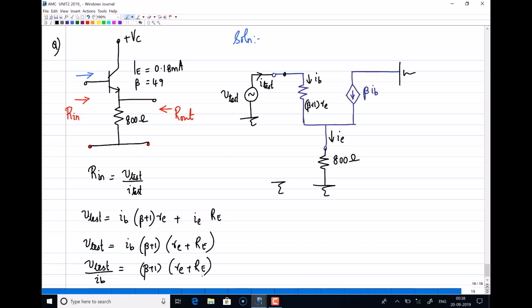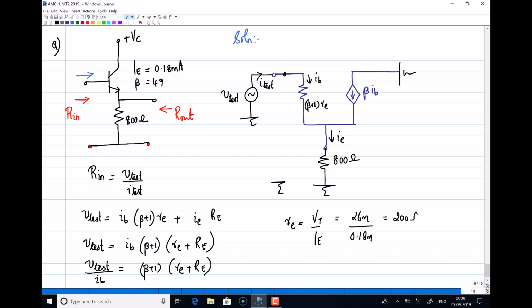Now for this particular problem, beta is given as 49. To find Re, it is Vt by IE. IE is given: Vt is 26 milli, IE is 0.18 milli. That gives you Re of almost 200 ohms.